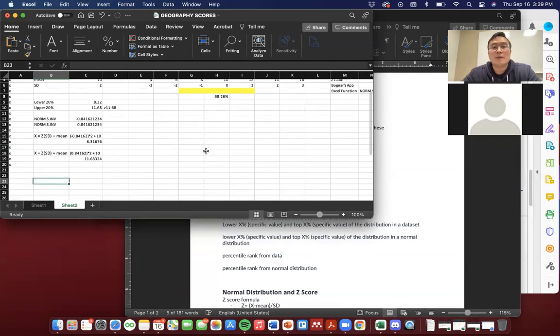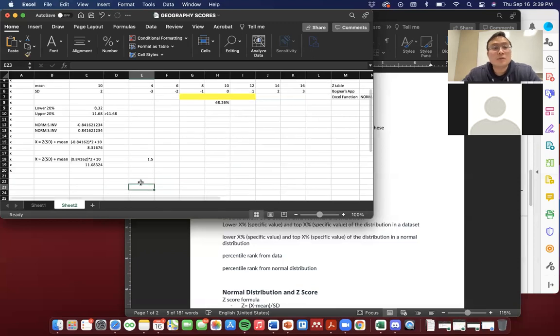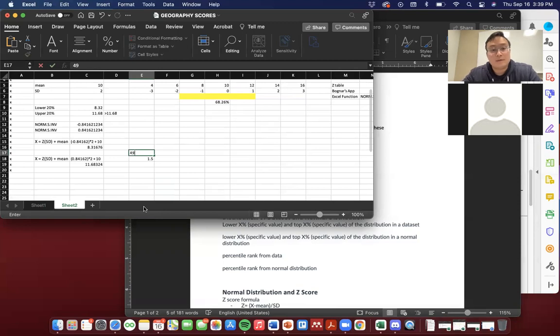And so if they tell you to find percentile rank, they could give you a z-score. Maybe they'll give you a z-score of 1.5. Maybe they'll give you a percentage, like 40 percentage rank.